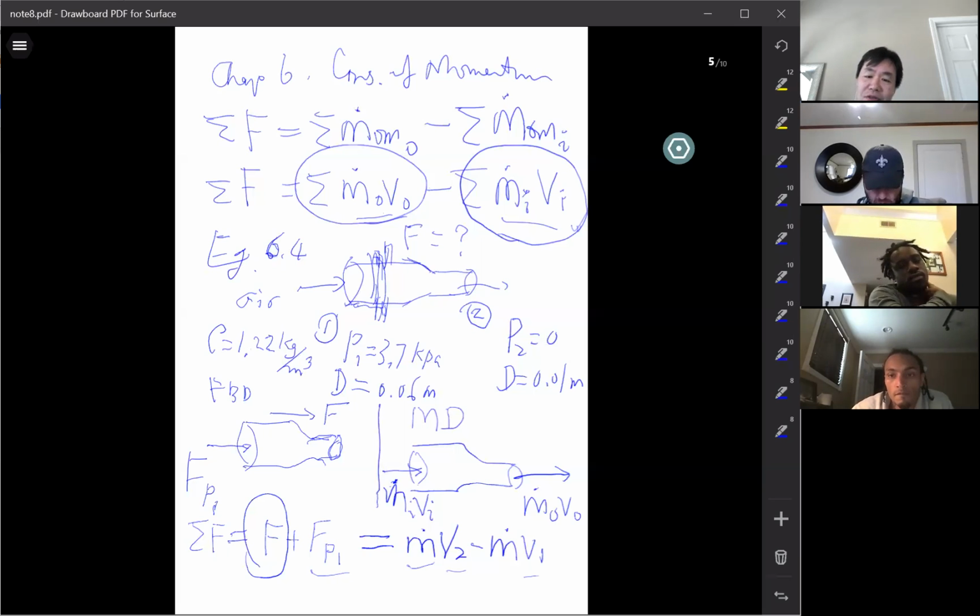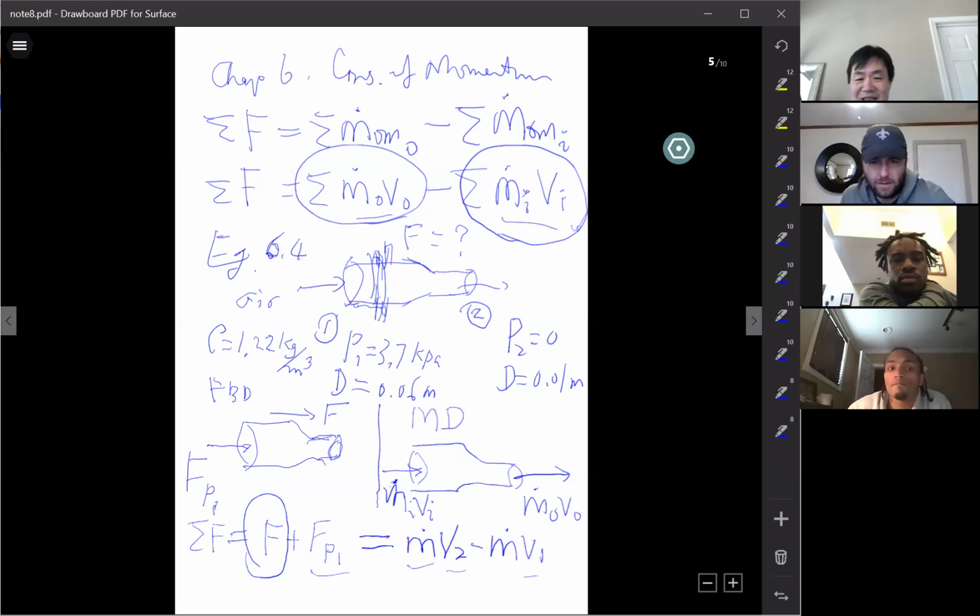So you need everything else in this equation. Let's look at one by one. Do we have FP1? Yes, indirectly, but it's easy. What is FP1?